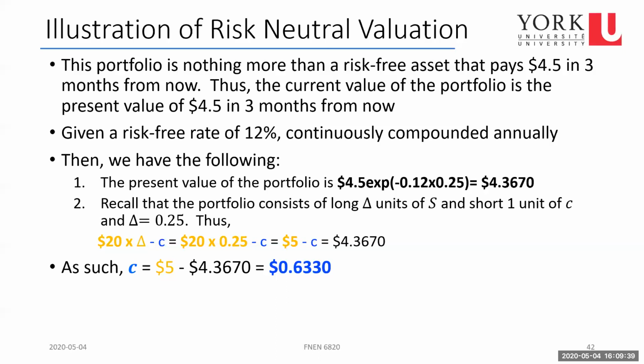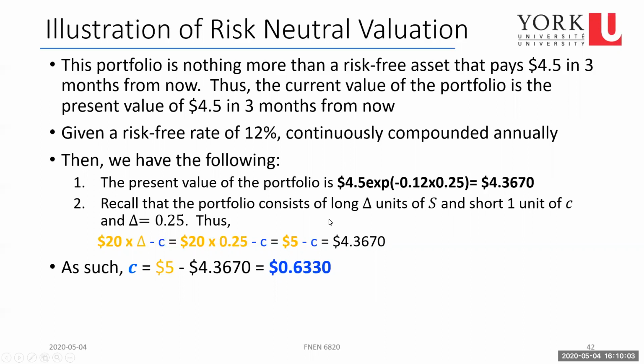That's the value of your portfolio currently, discounted at the 12% annualized rate over 3 months, 0.25, a quarter of a year. We're using continuous discounting, continuous compounding, here.